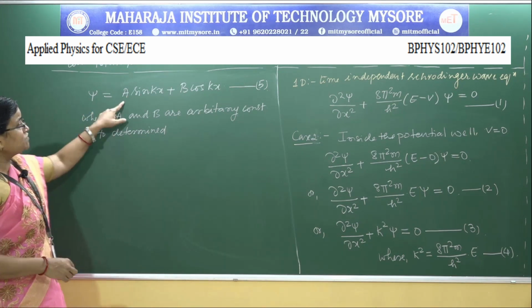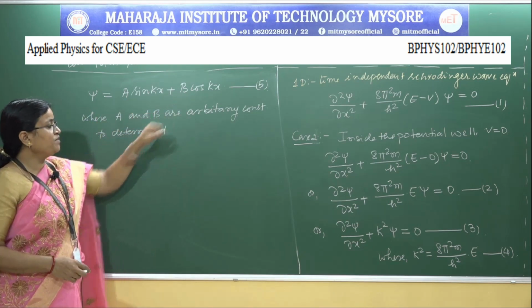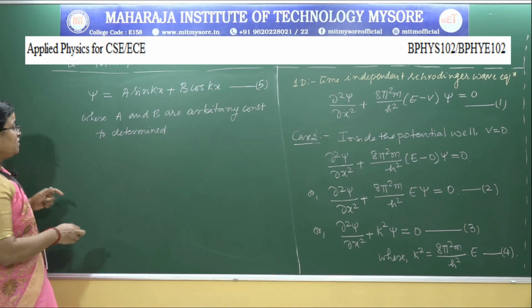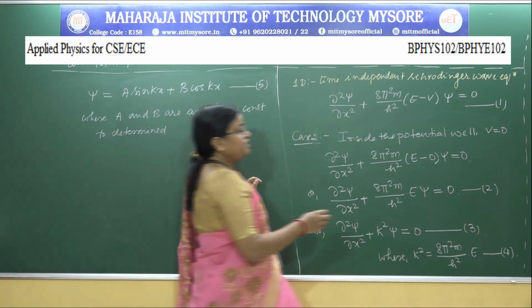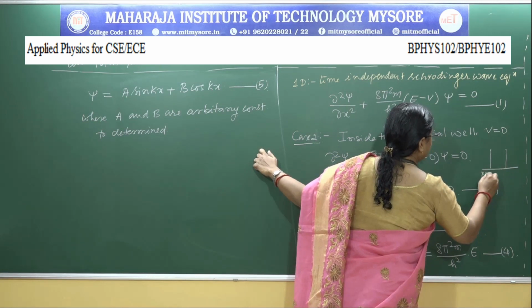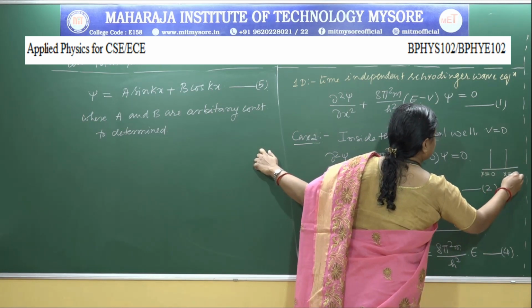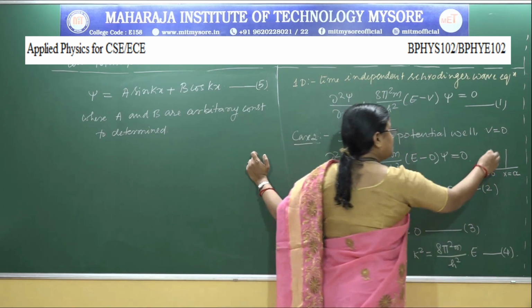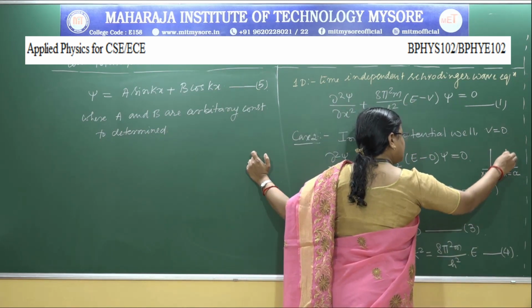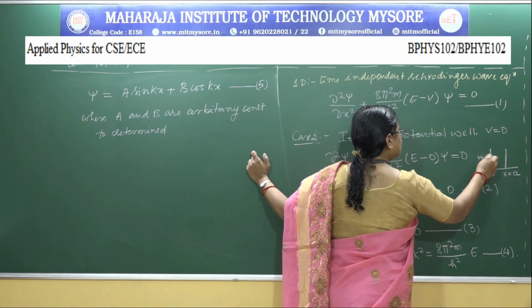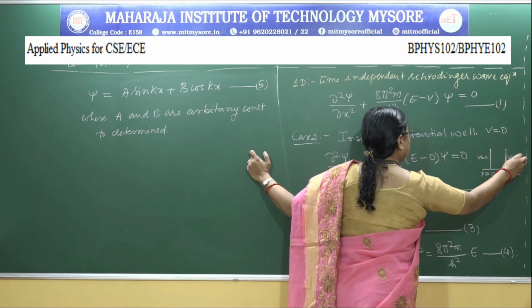So, to find out the value of A and B, again we have to take two cases on the boundary, means we have the boundary first x = 0 and x = a. So, on this boundary, we consider that ψ = 0, outside the potential we have evaluated.